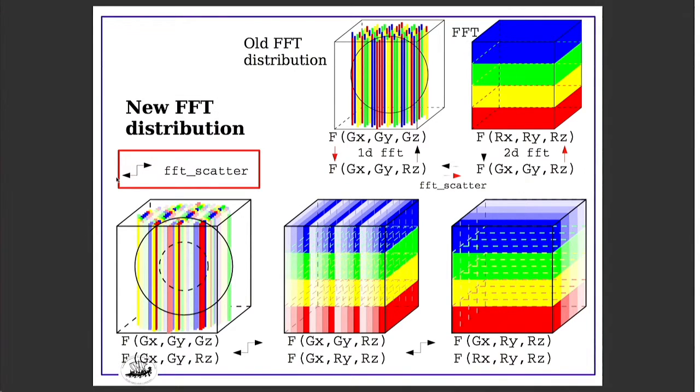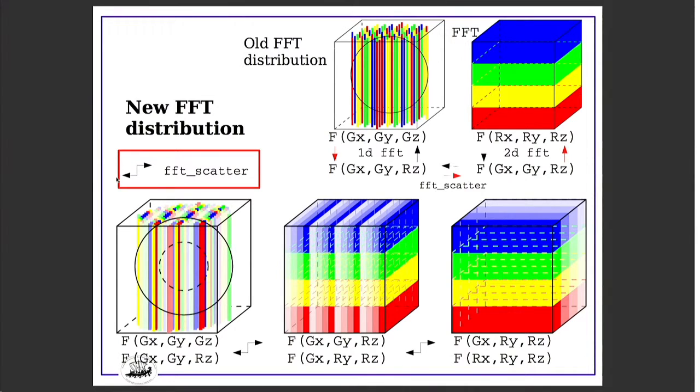So one can have a group of processors that own all the columns in some of these lightly colored planes, and then another group of columns that are owned by processors that will eventually have these more intensely colored planes.